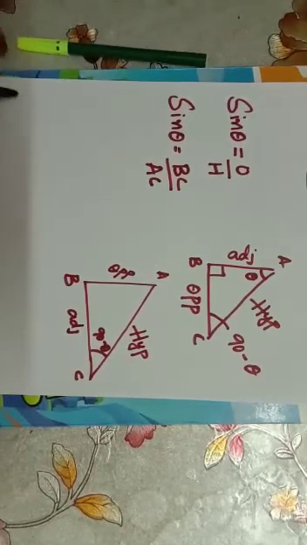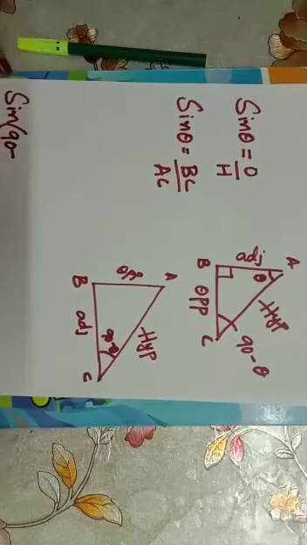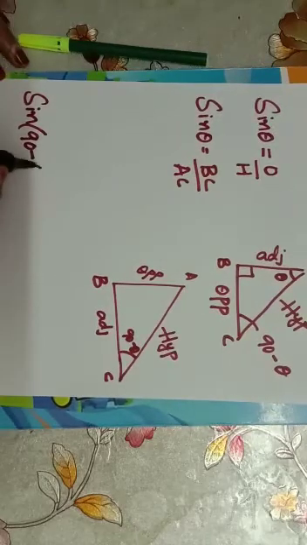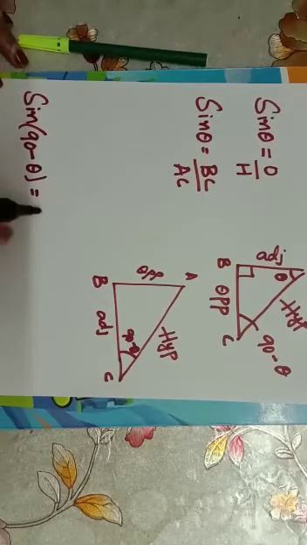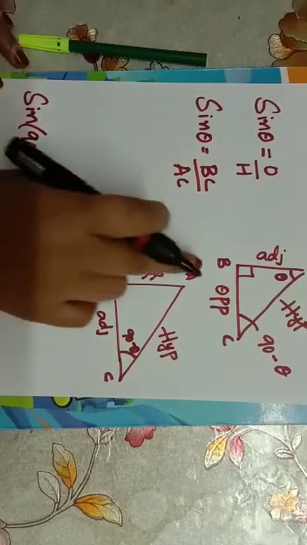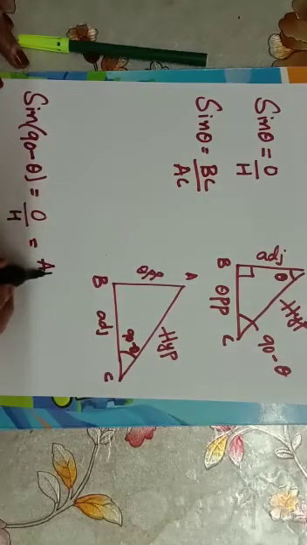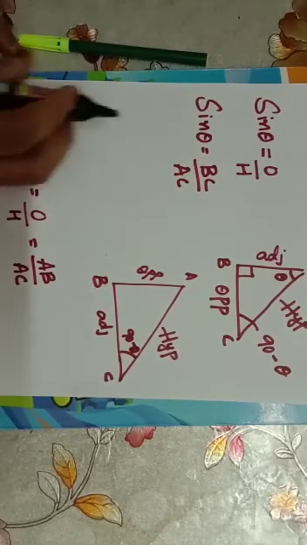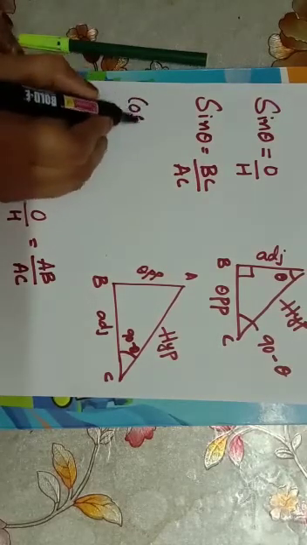So how do you find sine 90 minus theta? Sine 90 minus theta, sine formula O by H. O is how much? AB by AC. Clear?